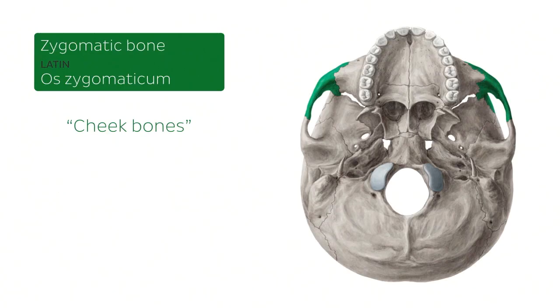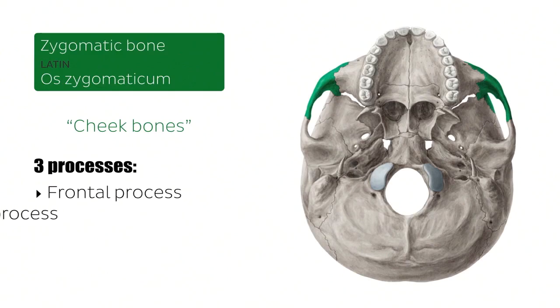Now, the zygomatic bone also has 3 processes that I would like to just briefly mention so you have it in your mind. This bone is comprised of the frontal process, which you cannot clearly see from this view of the bone. But you also have temporal processes, which you can see here clearly, and we talked about on the previous slide.